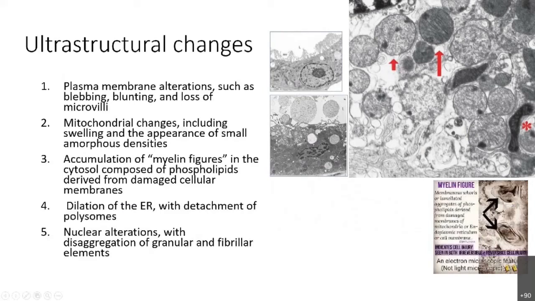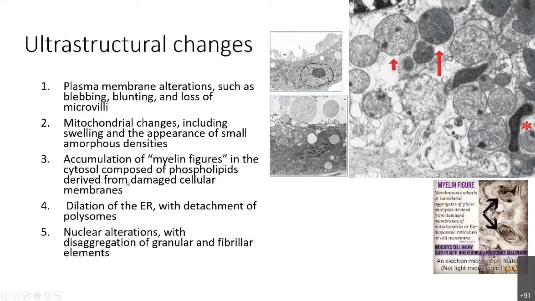Then these mitochondria are also appearing swollen up. This is the normal mitochondria, while these are appearing swollen and rarefied, and these are the amorphous densities. These amorphous densities can be seen in both reversible and irreversible injury, but they are more in case of irreversible injury. In reversible injury, the amount is not that much.